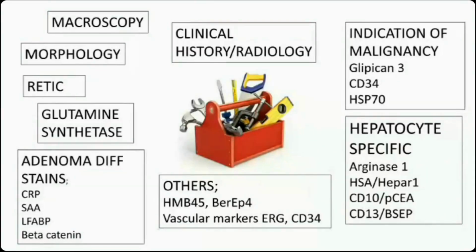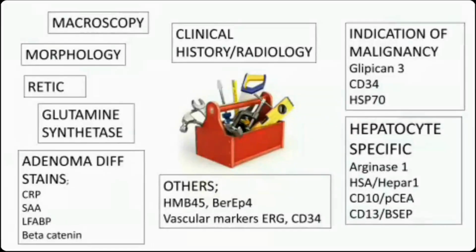And then there are other stains that you may use when working up a liver lesion, and these would include HMB45 for angiomyolipomas and metastatic melanoma, BerEP4 to prove that it's an epithelial tumour you're dealing with, and vascular markers such as ERG and CD34.